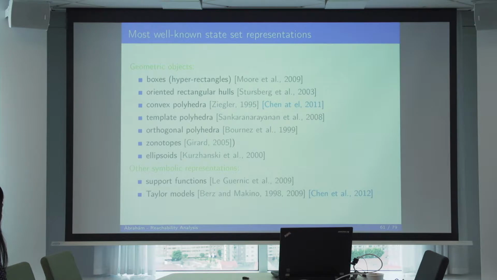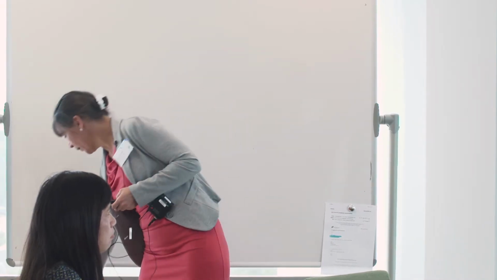There are some well-known representations where we know how to compute. There are also some others which are not on this slide. Hyperrectangles, we already know from what I talked about yesterday. These are just in each dimension an interval, and you take the cross product. You can represent state sets by boxes.